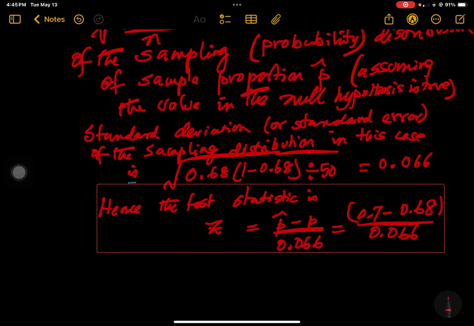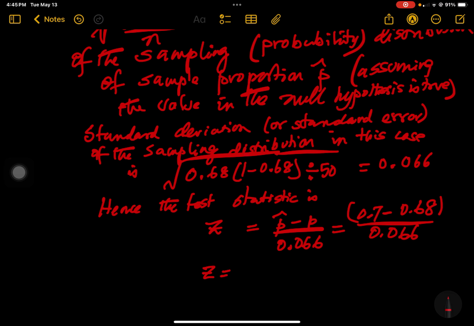So test statistic Z is equal to 0.303. This is the test statistic.